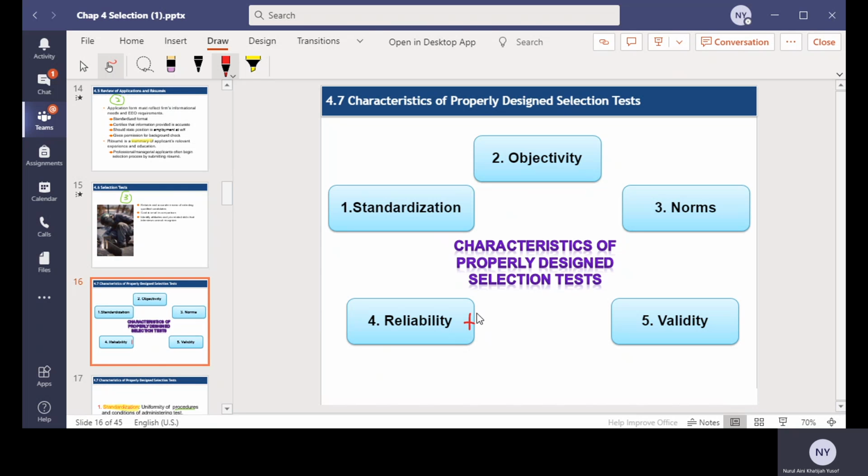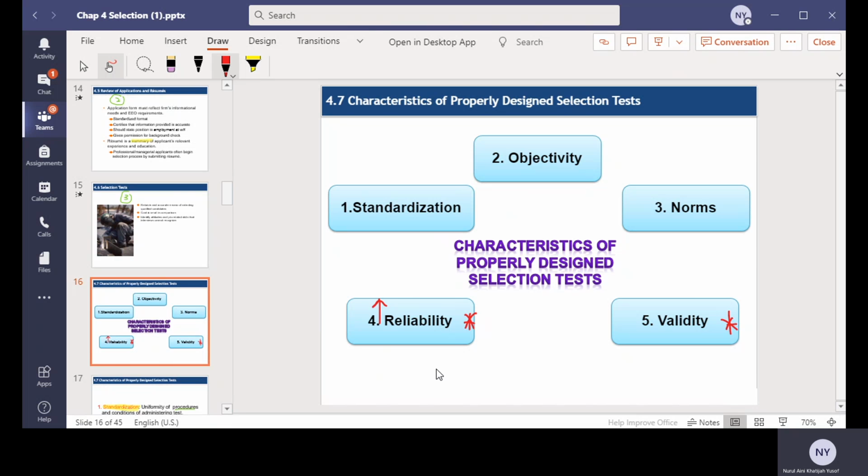And as I mentioned before this, characteristics number 4 and also number 5 are very, very important. Okay, so reliability, the company is focusing on high reliability. So if the company conducts the test a few times, they expect the result should be consistent. Okay, the same result. The example that I provided to you is, let's say I conduct a quiz last week, and this week I also conduct a quiz.